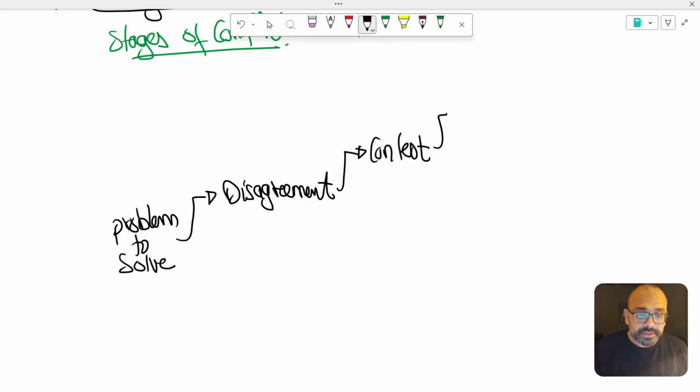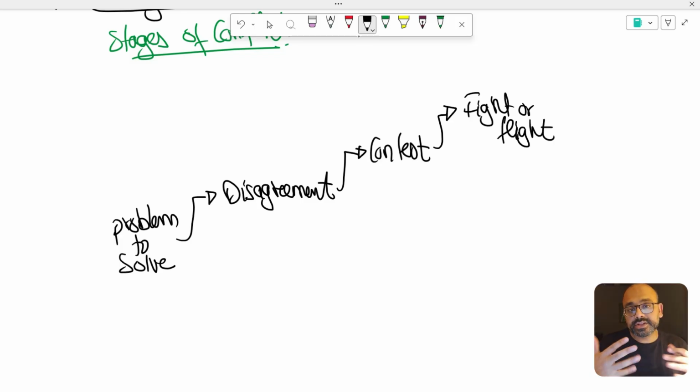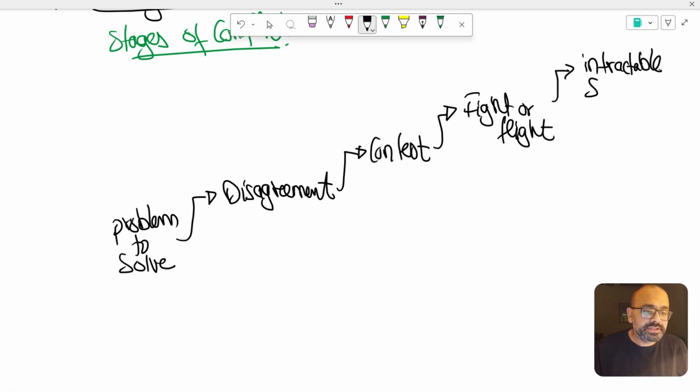Then the next stage is fight or flight. It means the actual fight will maybe take place, or they try to hurt each other, try to get rid of the opponent. And the last stage is the intractable situation. It means now things are going out of hand. There is no turning back.